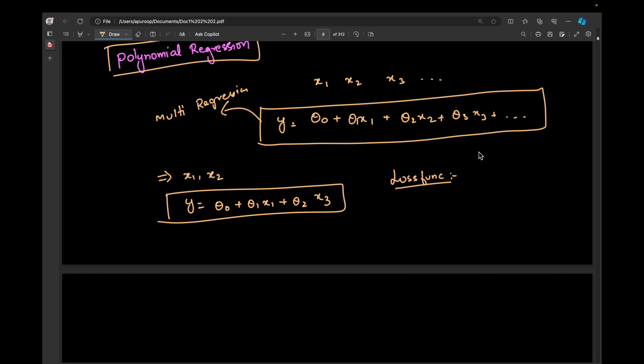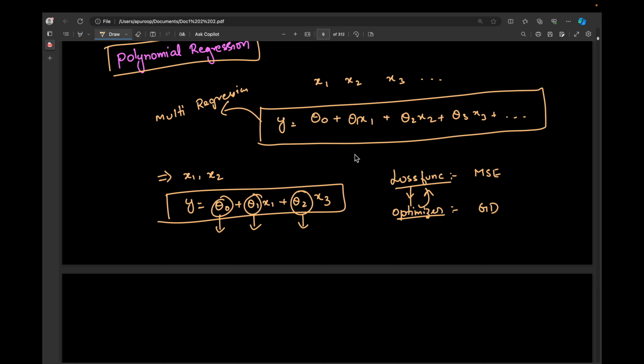If you remember, it will be MSE, that is mean squared error. After calculating the loss, we'll use the optimizer, that is GD. With the help of this optimizer, we'll adjust theta naught, theta 1, and theta 2. Again, we'll observe the loss and keep looping until these go to their optimal values. So this is what is happening internally.